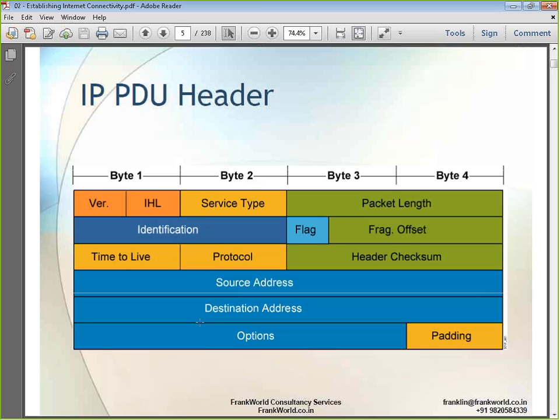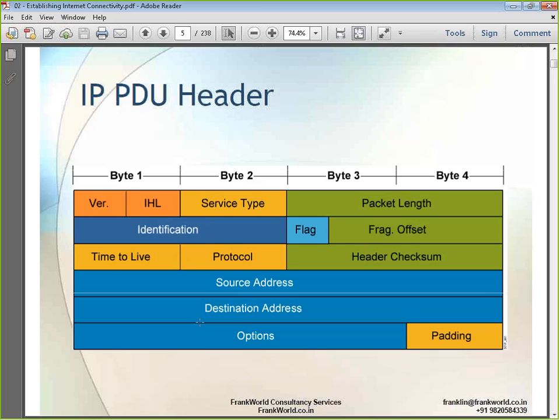In the case of an IP header, we have the source address and the destination address as layer 3. What is this layer 3 source address and destination address? That is nothing but the IP address. So the IP header will have the source IP address and the destination IP address.